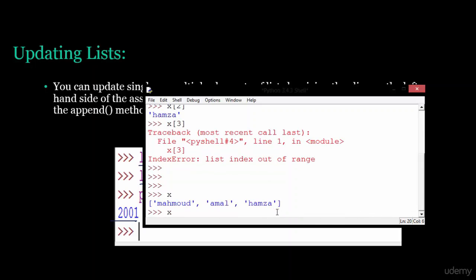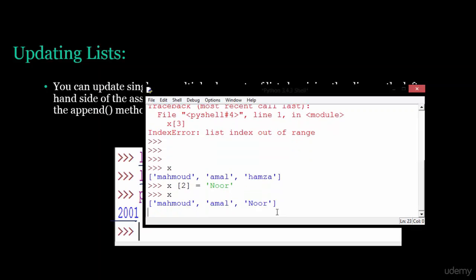If I set x of 2 equal to Noor, then we print x, we will see Mahmoud, Amal, Noor. Here I updated our index 2 from Hamza to Noor. Okay.